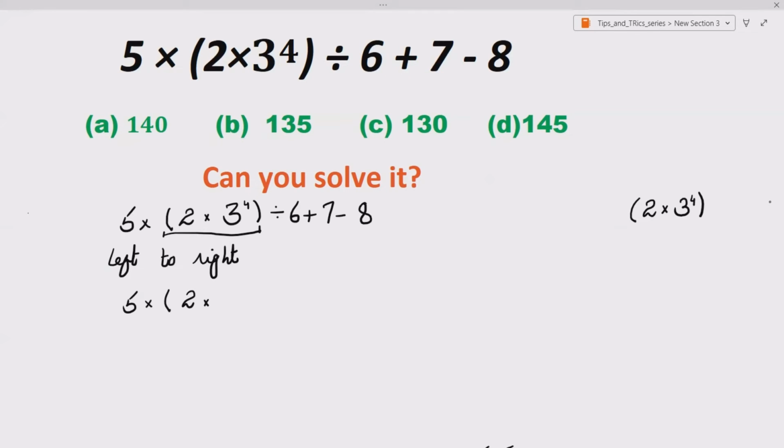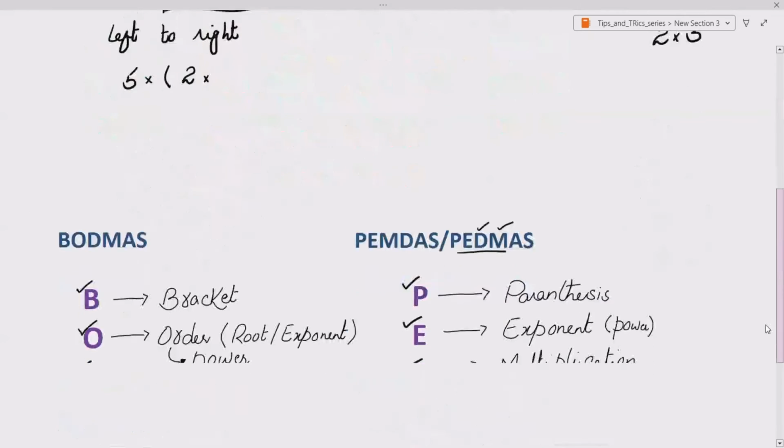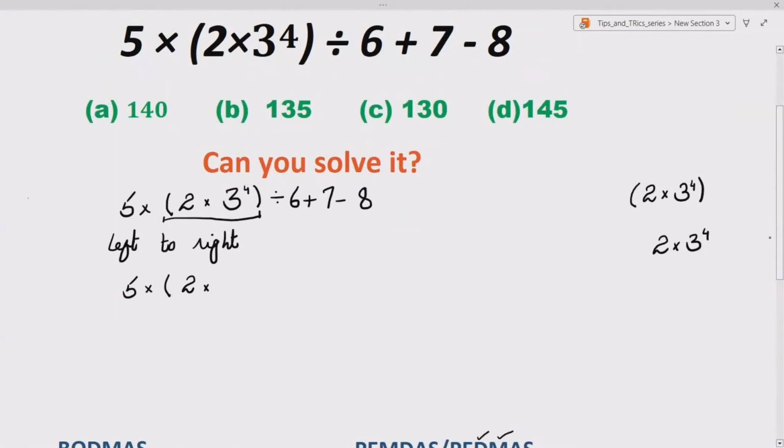In this expression you can see there is a multiplication and a power. You have to solve the power first, because BODMAS and PEMDAS both say to use the exponent first. So we have to solve 3 raised to the power 4 first.